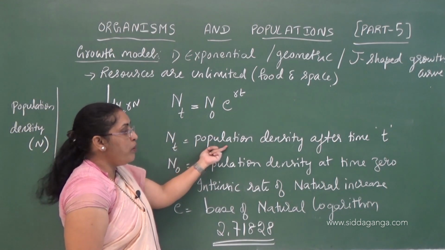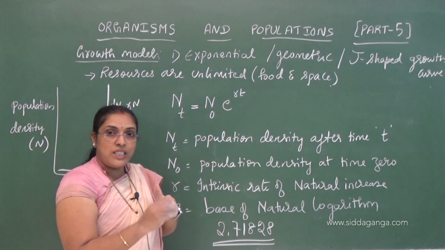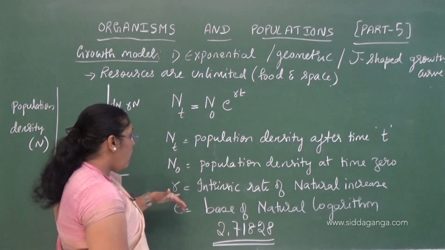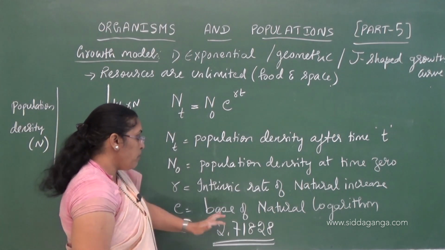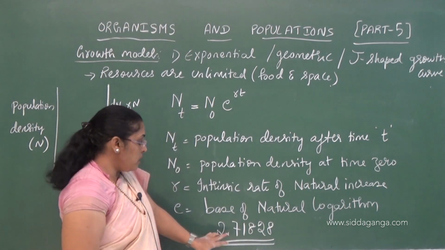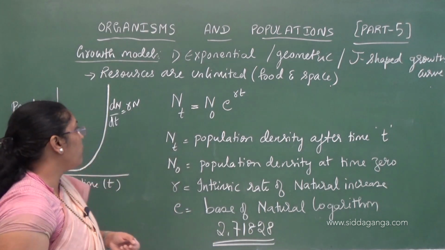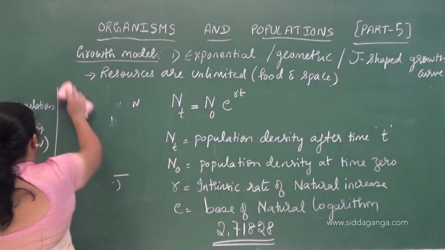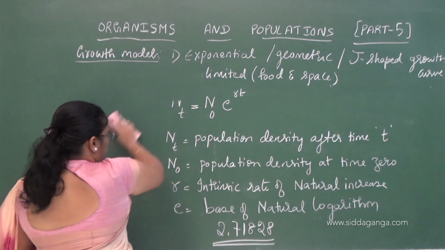N naught is population density at time 0. R represents intrinsic rate of natural increase. E is the base of natural logarithm. Its value is 2.71828. Understood? Then we will move on to another growth model, that is logistic growth.